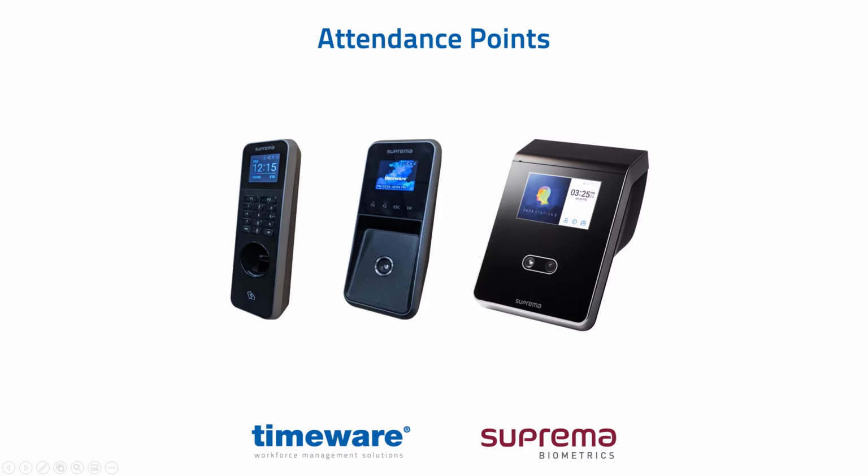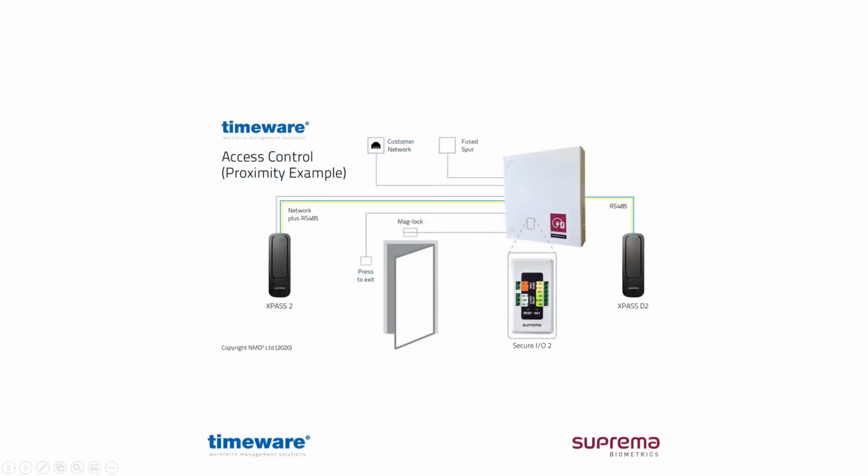We can use fingerprint, and we can use face recognition. Timeware also has an access control module. And the access control module is connected to a series of access points, which could be turnstiles, roll shutter doors, and generally any entrance to a building or the office.